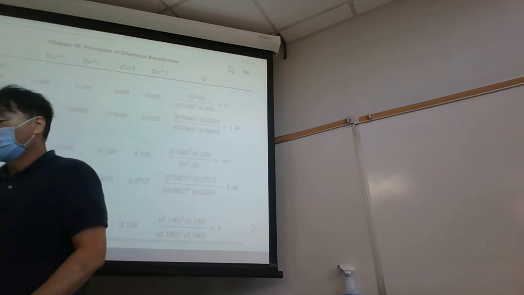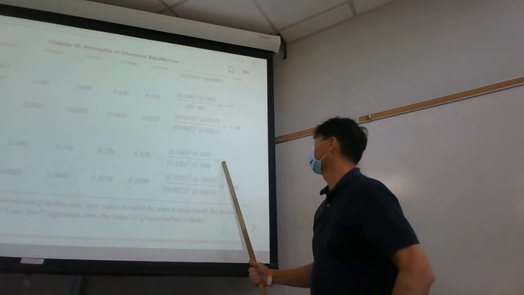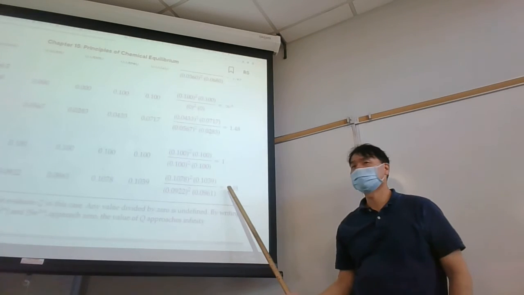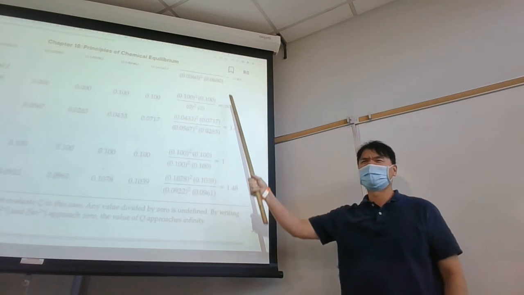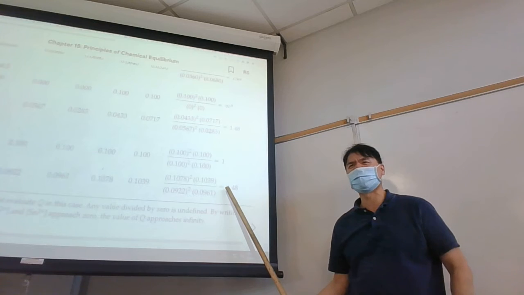And then they go on to experiment 3 and see. The initial for sure is way different. The initials from all these are different. But at the end, take a look at where it ends up. Even though we started at very different initials, they all came to about the same ending. And the same ending is about 1.48.